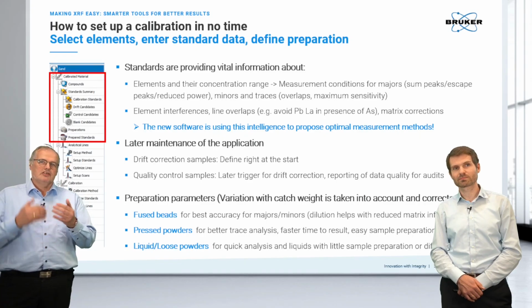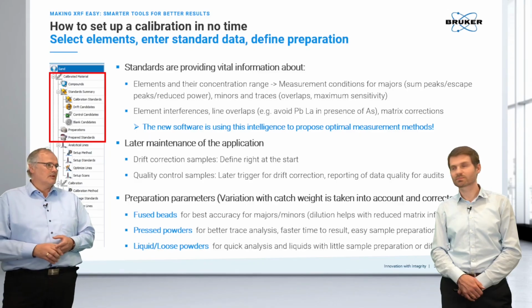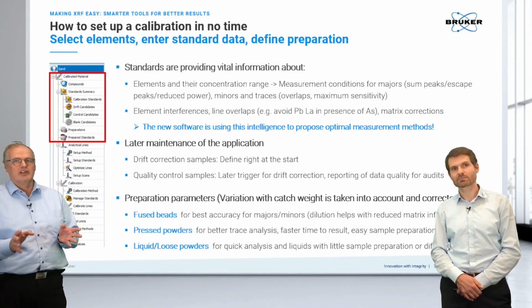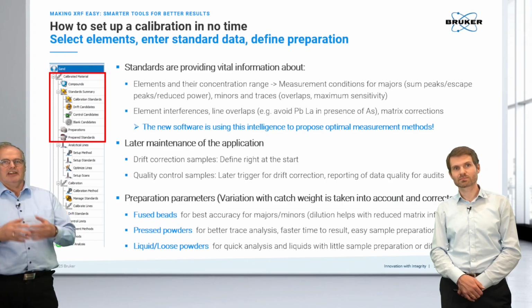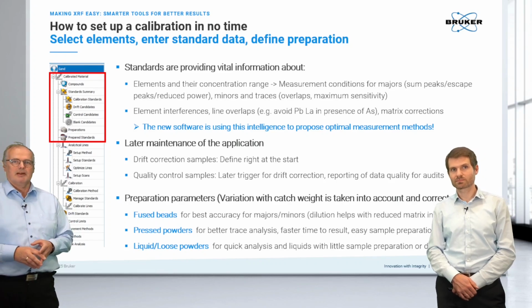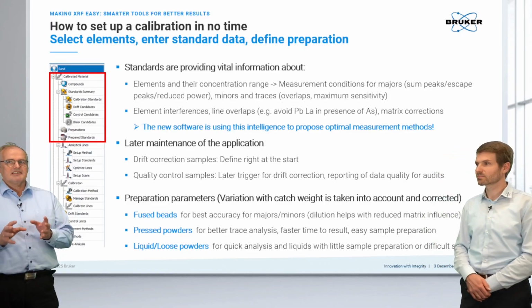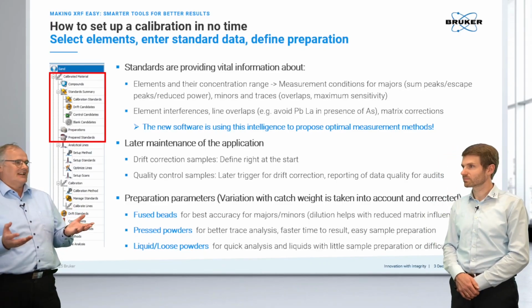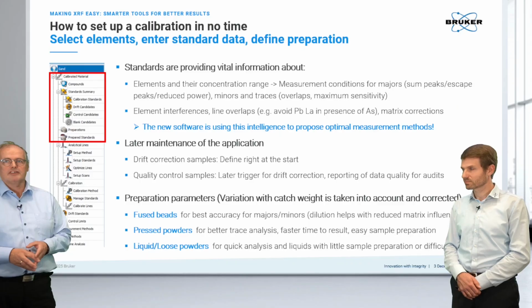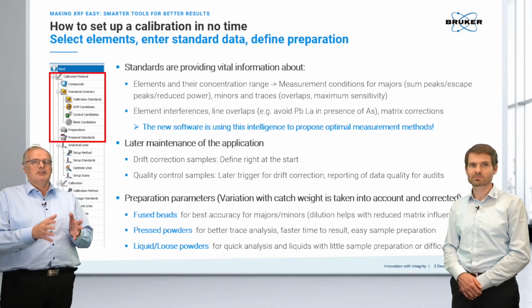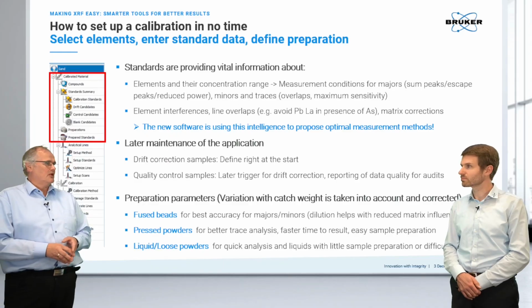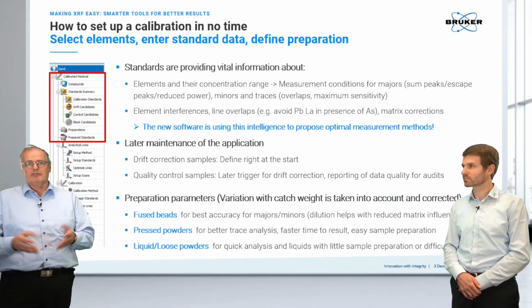You can run those samples, and the moment they are out of the control range, they can trigger the drift correction to be run and rerun the quality samples afterwards. This helps you to prepare the setup for your audits, for example. This is a good time, in the very beginning, to think about the drift correction and the quality check routine.